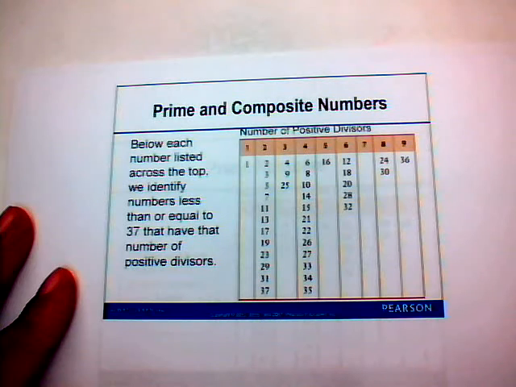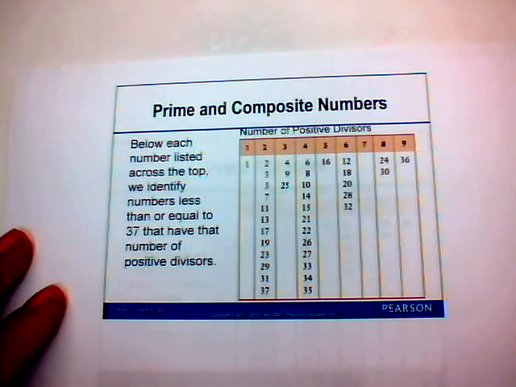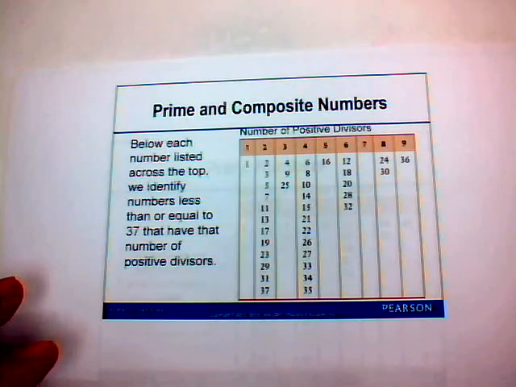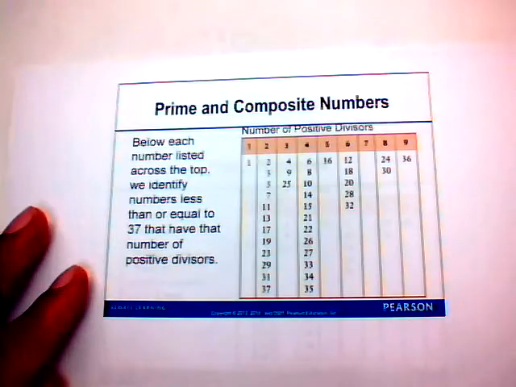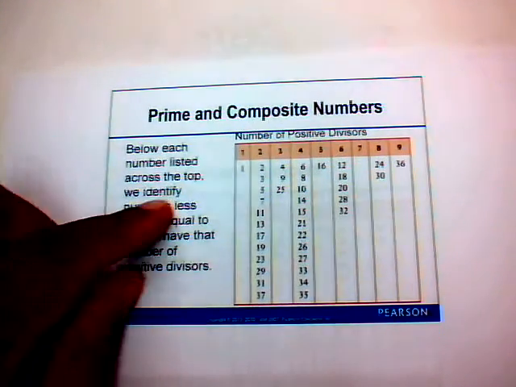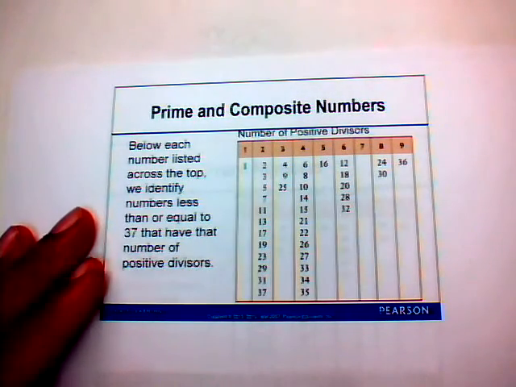Okay. Below each number listed across the top, we identify numbers less than or equal to 37 that have that number of positive divisors. So here we're looking at positive divisors from 1 to 9. Now in this case, the number 1 only has one positive divisor.